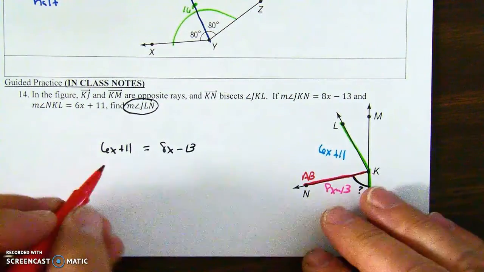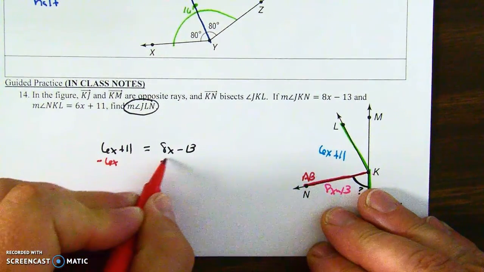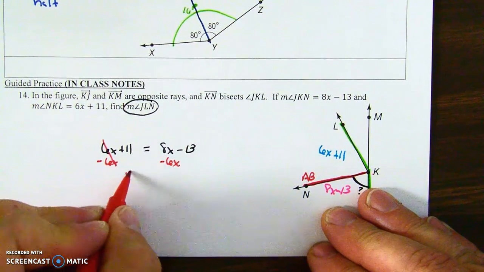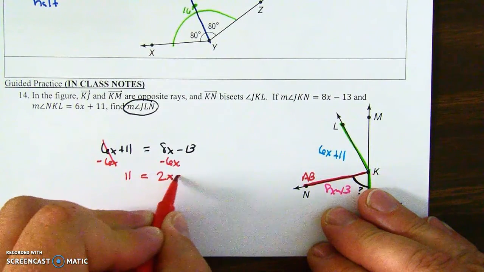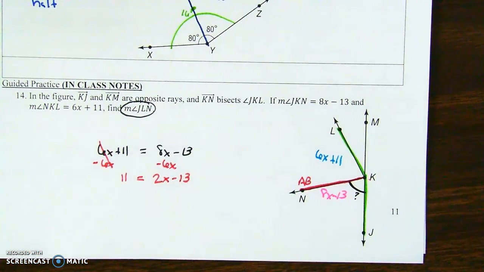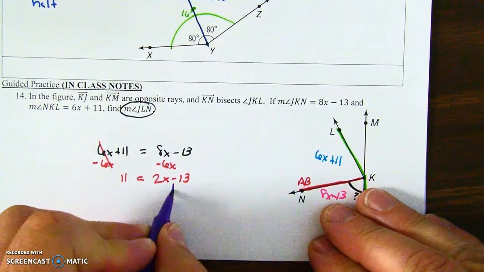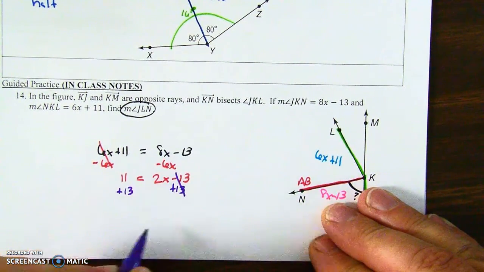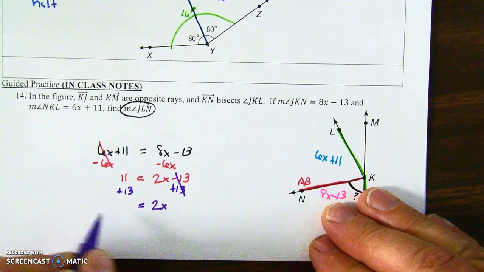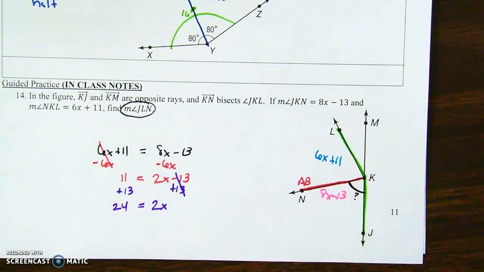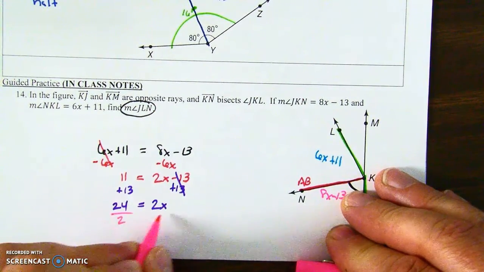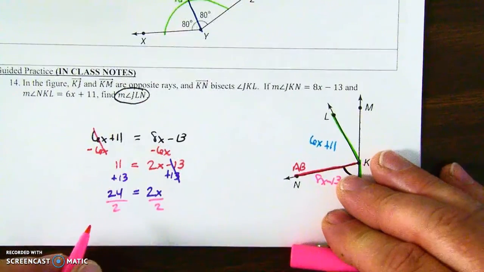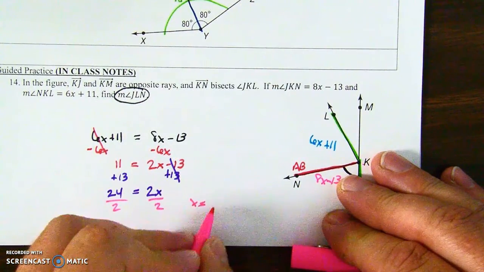I'm going to subtract 6x from both sides, giving me 11 equals 2x minus 13. Then add 13 to both sides, giving me 2x equals 24. Then we divide both by 2, and x equals 12.